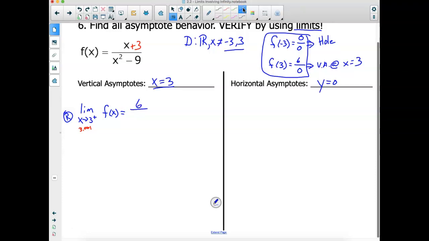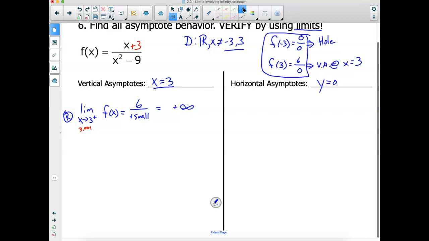I'm really plugging closer and closer to 3 into the bottom. If I take 3.001 and I square it, I have a little bit more than 9. If I subtract 9 from it, what I have is a positive small number. And if I have a positive small number on the bottom, I'm going really big. Because it's a positive over a positive, it is positive big.